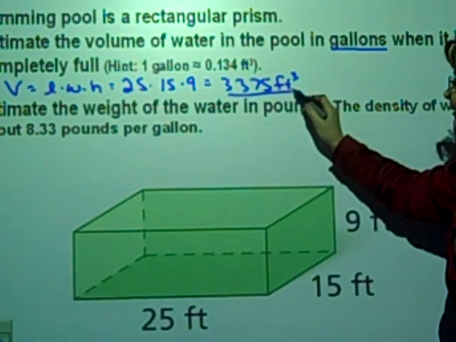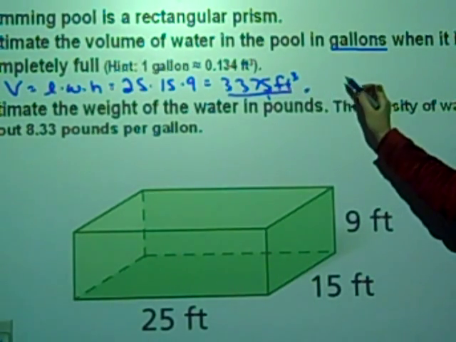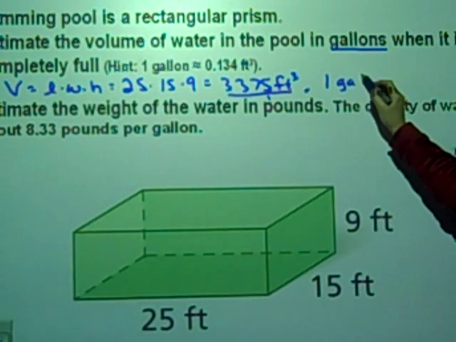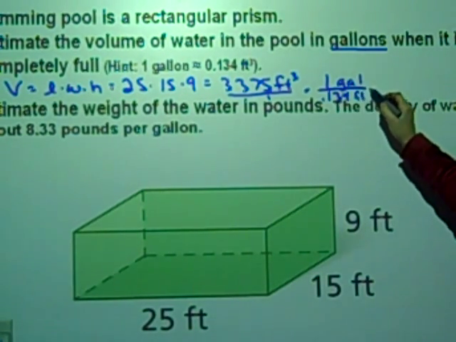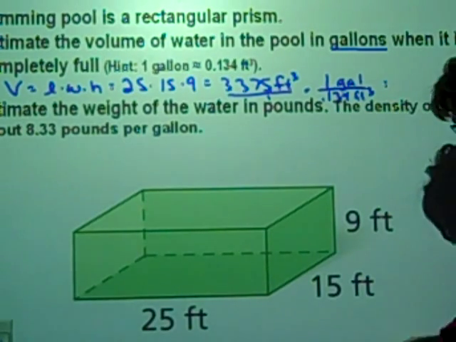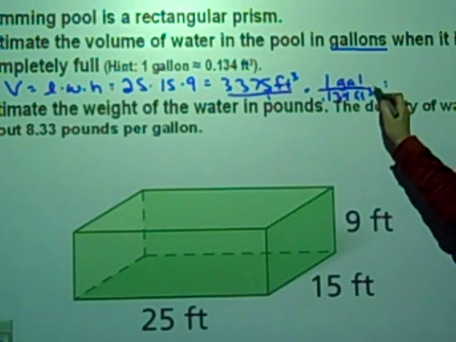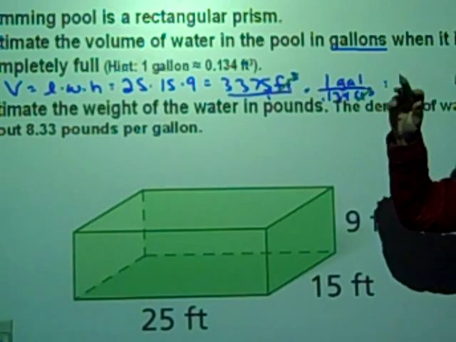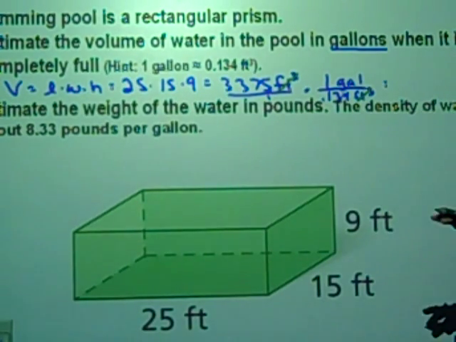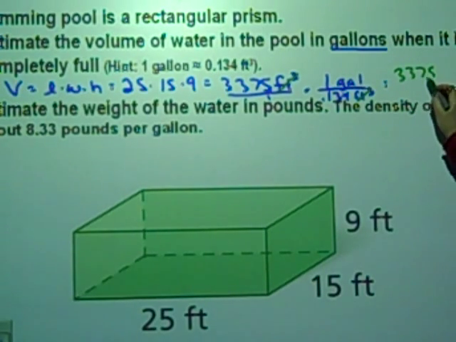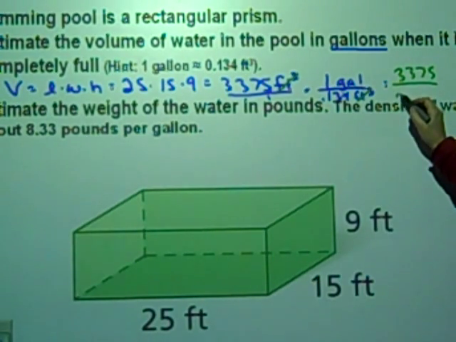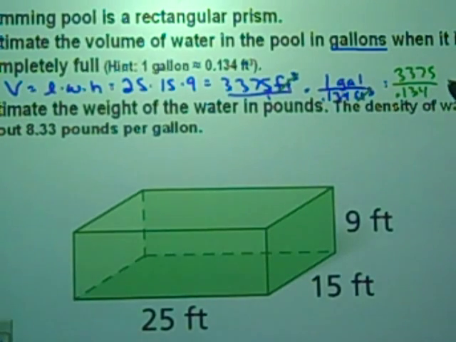So I know this, if I do it this way, I can say, okay, 1 gallon is 0.134 cubic feet. And then if you think about your units, I've got cubic feet in the numerator and denominator, so that'll cancel out. And I end up with 3,375 divided by 0.134.